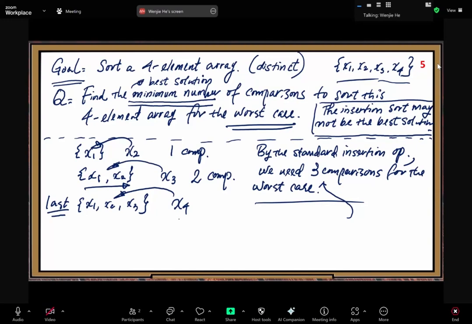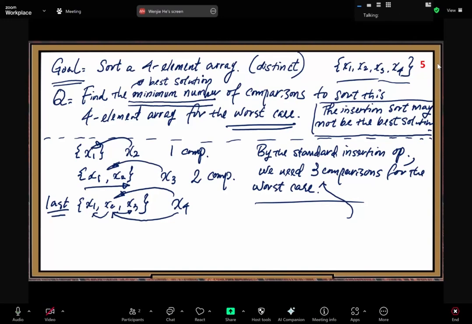You can do better because the first element you compare is x2. After that, you have 2 cases. If x4 is greater than x2, then your next comparison is with x3. If x4 is less than x2, your next comparison is with x1. You only need two comparisons to find the right position for x4.